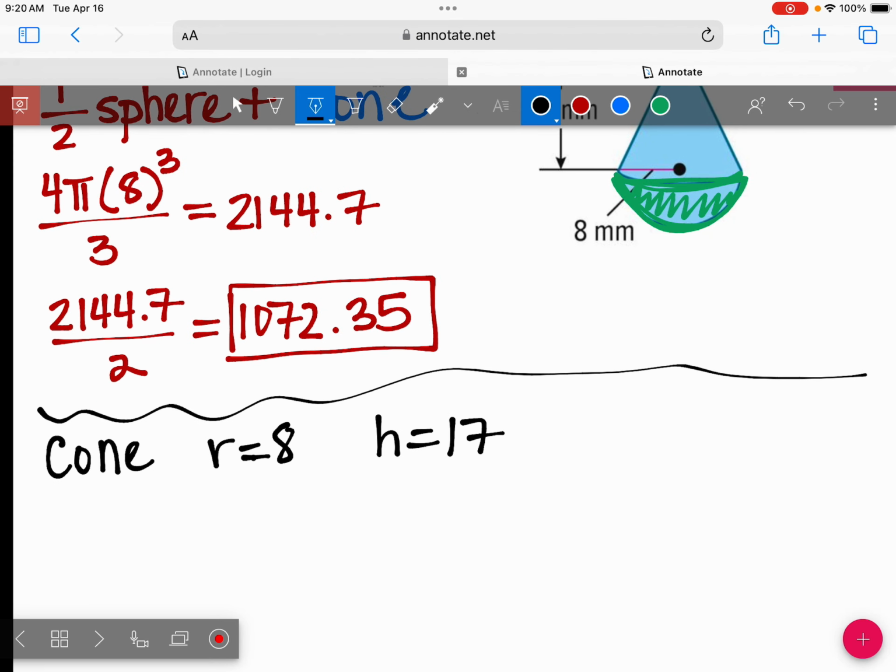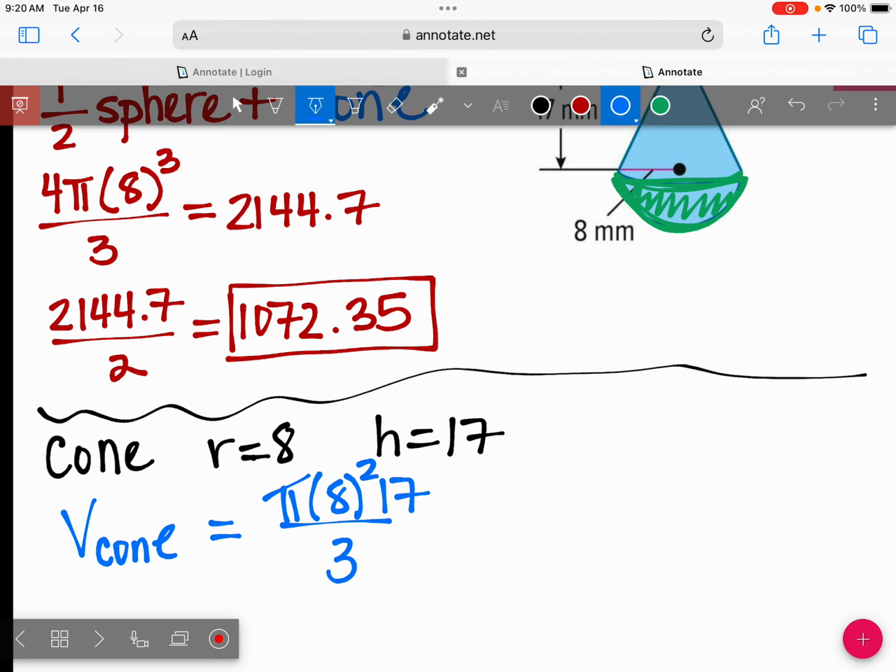So to find volume of a cone, the volume of our cone is going to equal pi r squared h divided by 3.